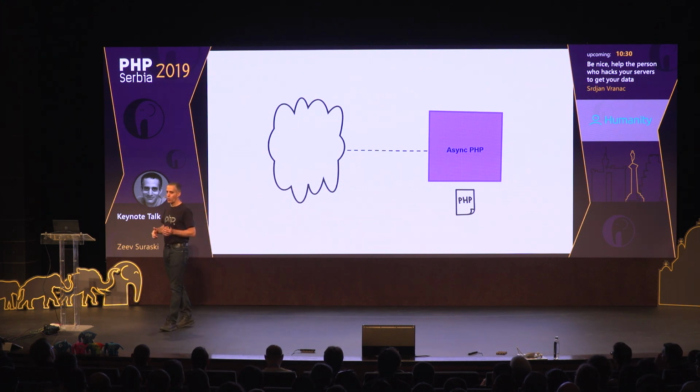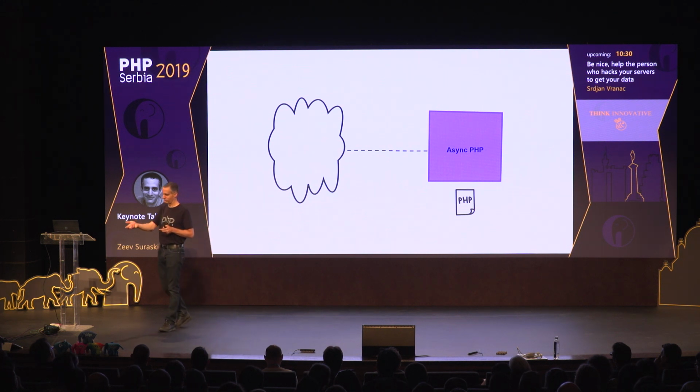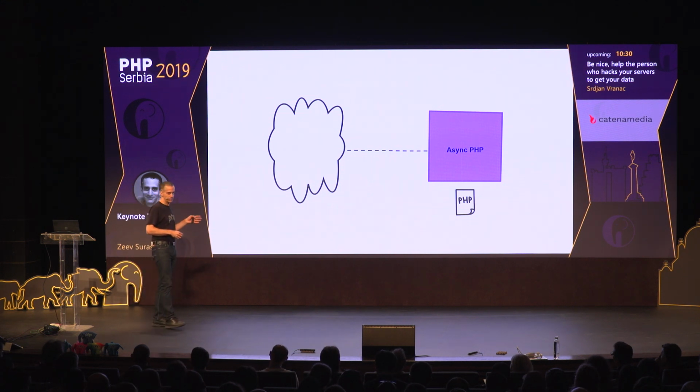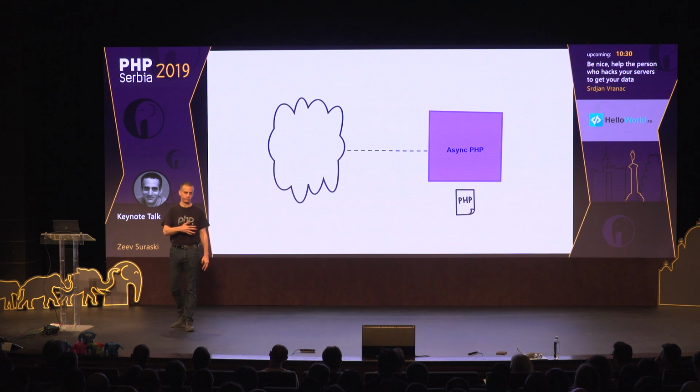In a nutshell, whenever a request needs to get something over I/O, like waiting for the database to bring back information, or the file system, or a socket, if you're connecting to a remote web service or something, whenever it's waiting for I/O, instead of waiting, instead of pausing, it actually returns control to, in this case, the language, and the language can then execute something else.